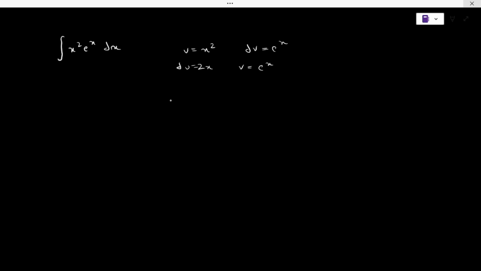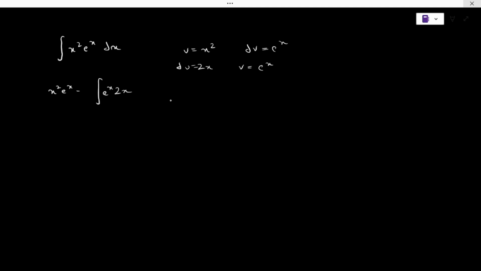Now integrating this function, the first part is uv, which is x squared times e to the power x, minus the integral of v, which is e to the power x times 2x.